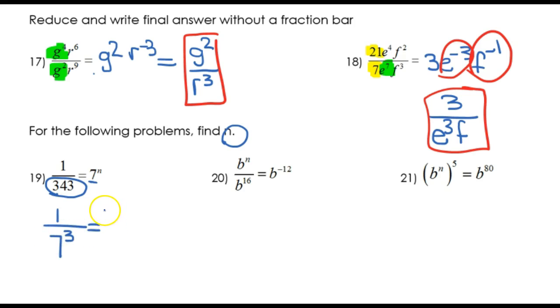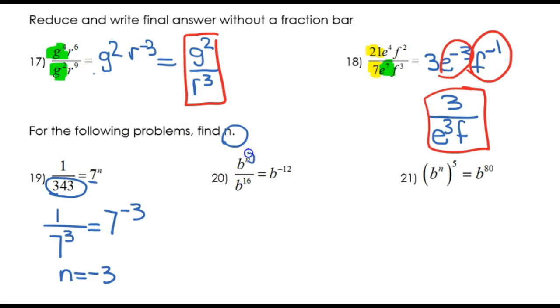But we want to know this is equivalent to 7 to what exponent? Well, we know with negative exponents that when there's a negative exponent, we actually bring this whole base with the exponent down into the denominator. So our answer here is going to be n equals negative 3.